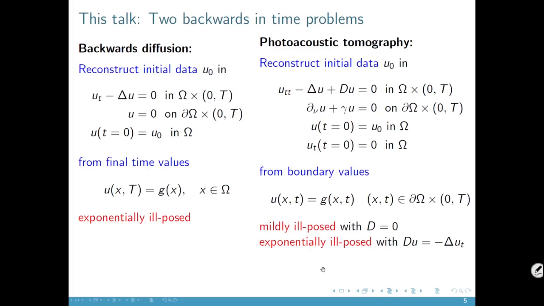And this actually exhibits parabolic behavior in the sense that it enjoys maximal parabolic regularity. It gives rise to an analytic semigroup, and one can show exponential decay of solutions. As a consequence, the behavior of the inverse problem is similar to that of the backwards heat equation, namely exponentially ill-posed with the strong damping.